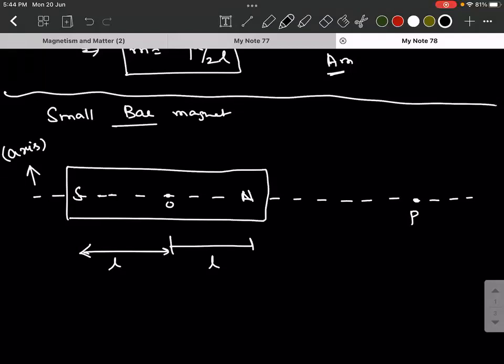So what I'm trying to say here is, if you have a magnetic dipole, which is a small bar magnet, then on the axis of it, I'm taking a small point P, which is, let's say, at a distance small a from the center of the dipole. Then how much is this distance going to be?